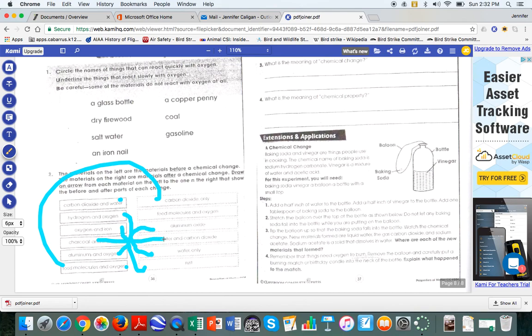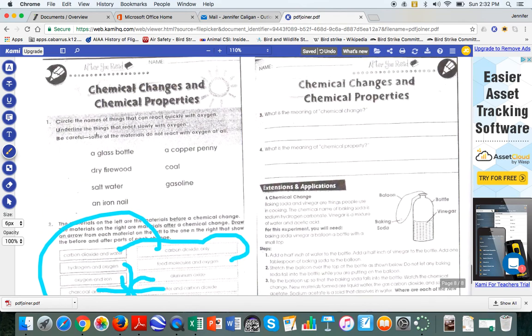I'm thinking this one goes there, and this one goes there. That's a good looking picture, isn't it? That's tough. I think that's right. If you think I'm wrong, you can definitely answer how you think it is, but I think that's correct. All right, what is the meaning of a chemical change?